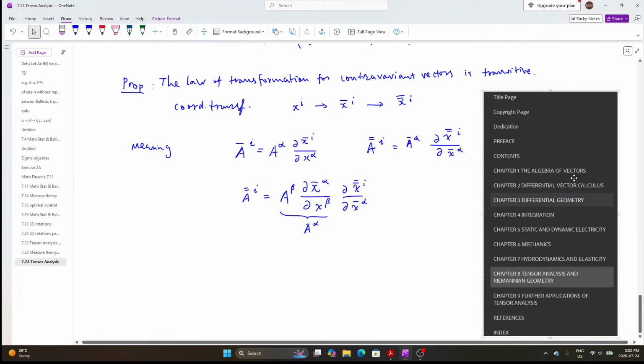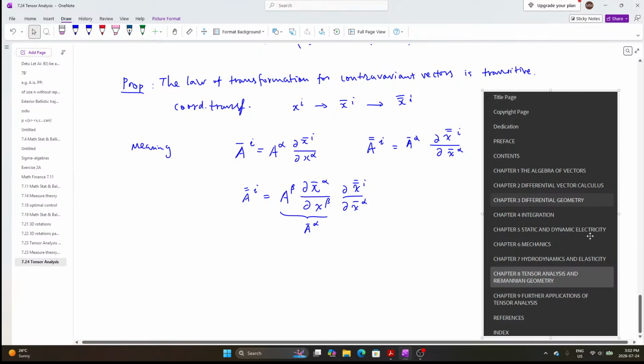You see, it starts from algebra of vectors, differential vector calculus, and differential geometry of curves and surfaces. This is classic differential geometry, Gaussian curvature and whatnot. Integration is the usual stuff found in vector calculus: Green's theorem, Stokes' theorem, Gauss's divergence theorem, and all of that.